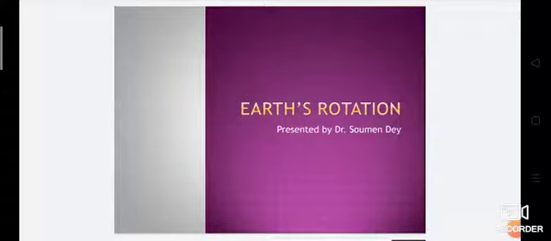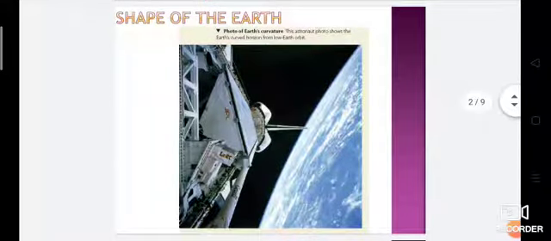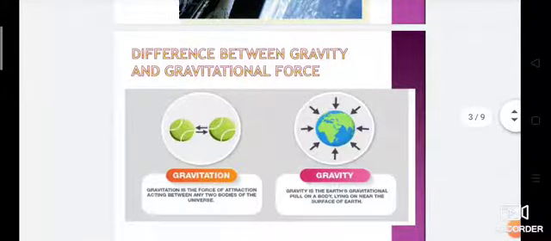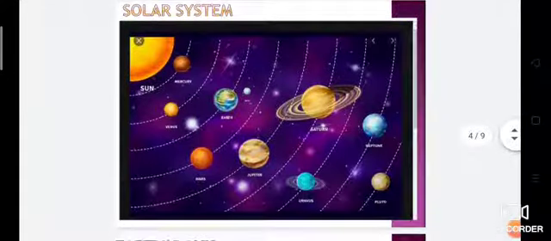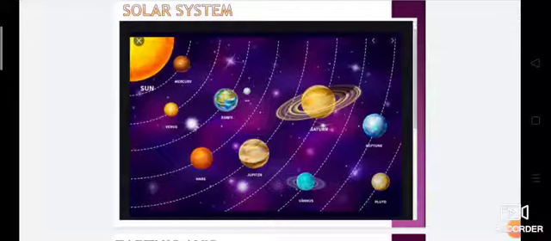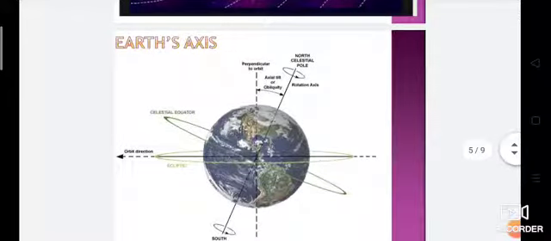In our last class, we discussed some topics like the shape of the earth, the difference between gravity and gravitational force, the solar system, and earth axis.